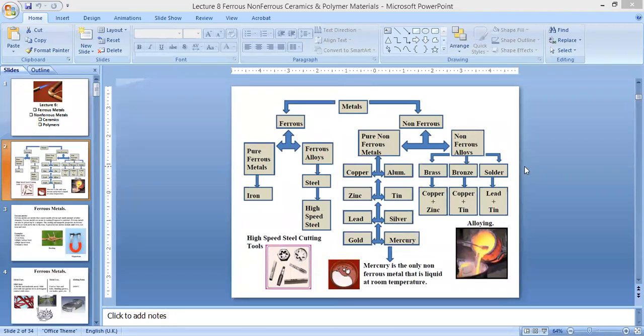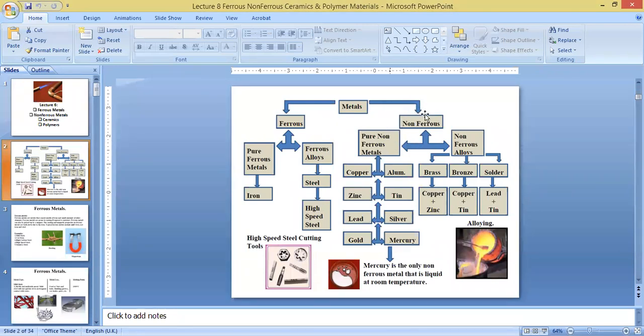Okay, so quickly, when you say a ferrous metal, a non-ferrous metal, ferrous actually means containing iron. So metals can be classified under ferrous, meaning metals containing iron, or alloys of iron, and non-ferrous.